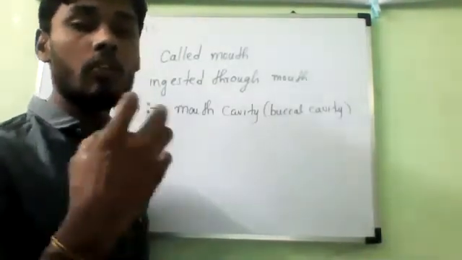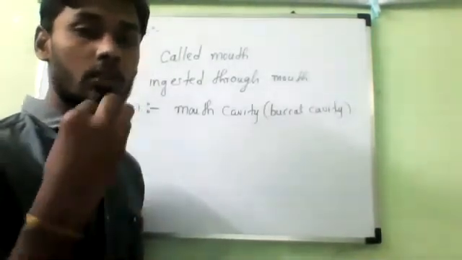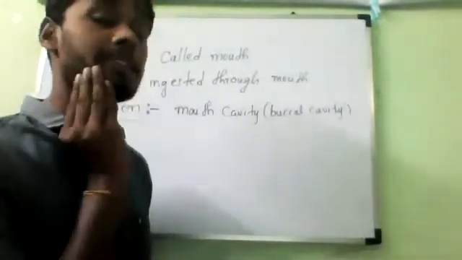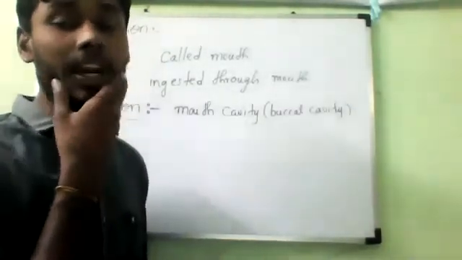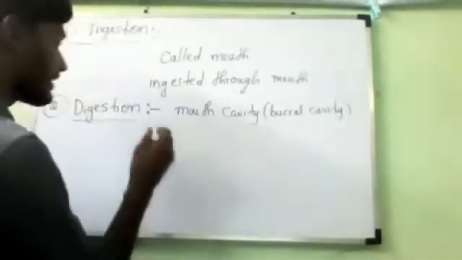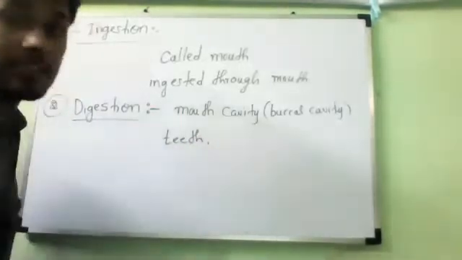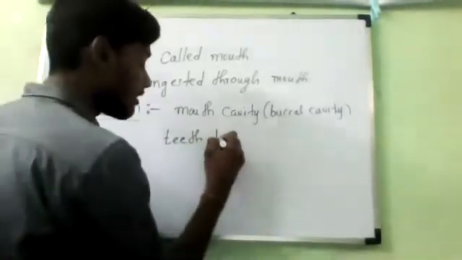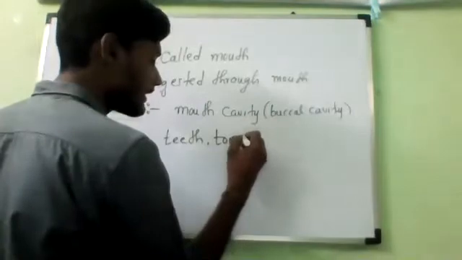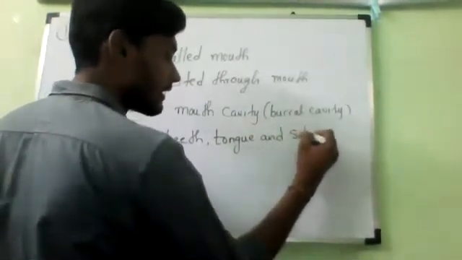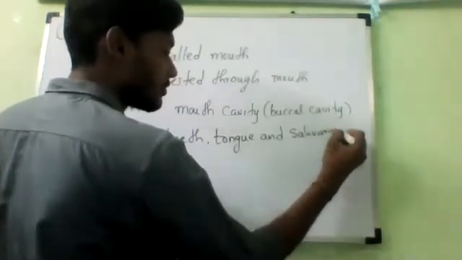So when food enters our mouth, our mouth cavity contains teeth, tongue, and salivary glands. It contains what? Teeth, tongue, and salivary glands.